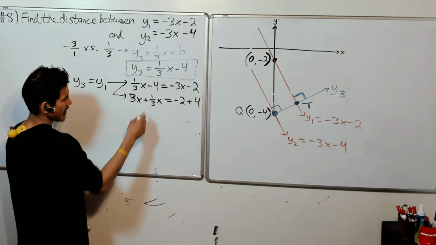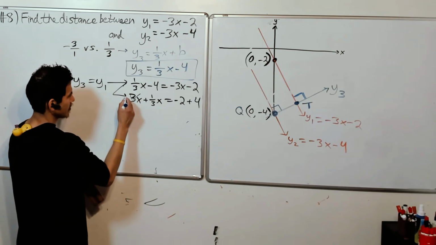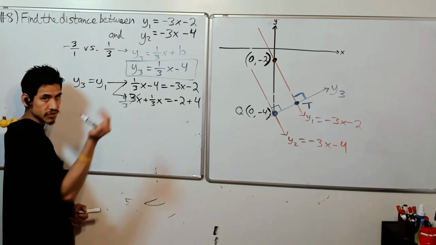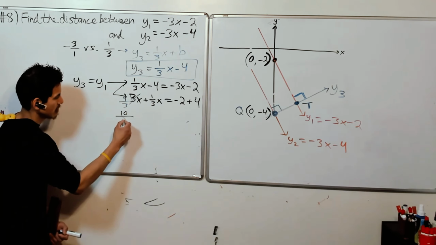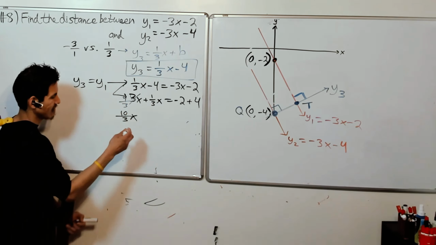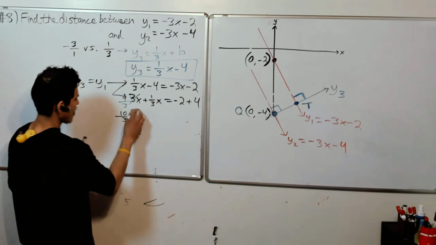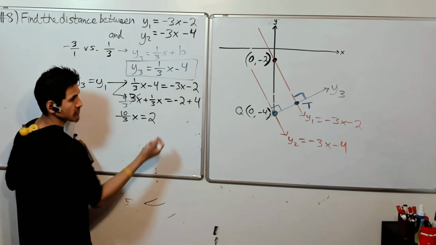So we have 3 and 1/3 x. 3 is the same as 9/3 x. So we just have 9/3 x plus 1/3 x, and then we'll get 10/3 x. Well, let me make that a little better. Oh, 10/3 x is going to be +2.